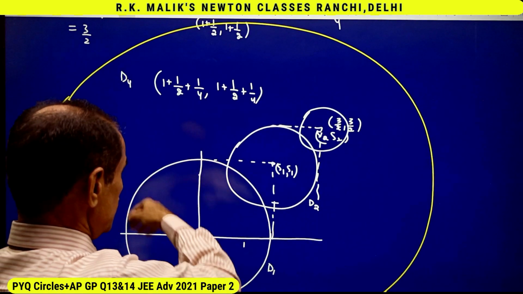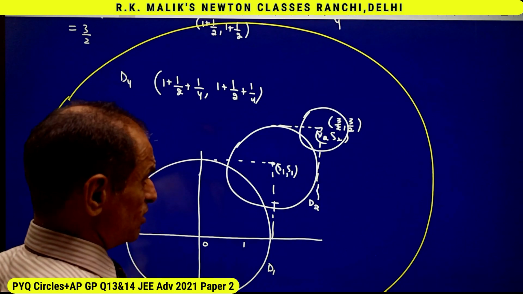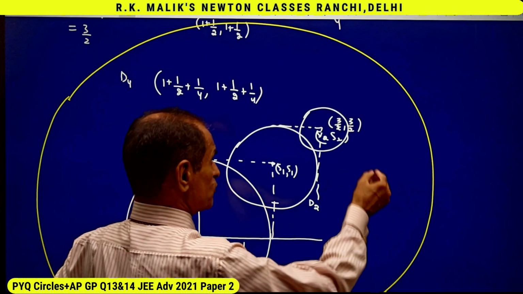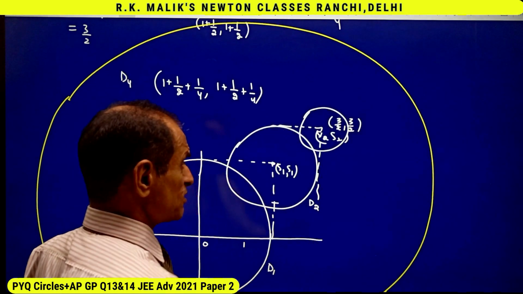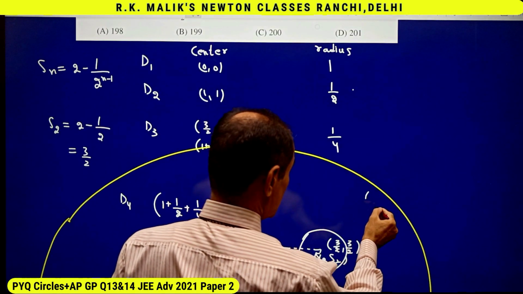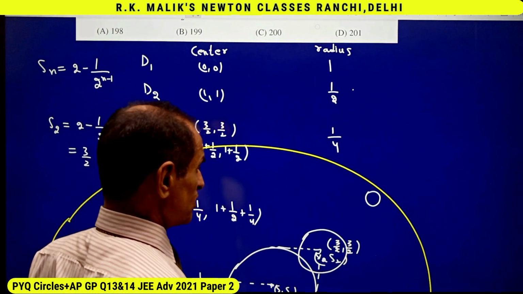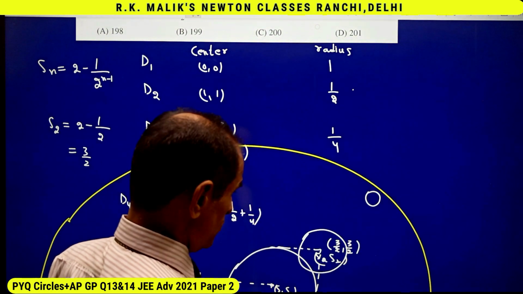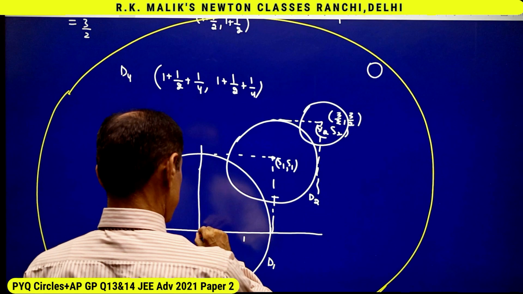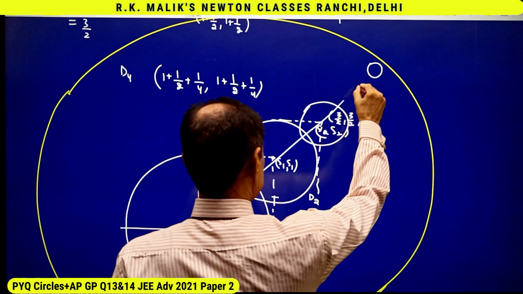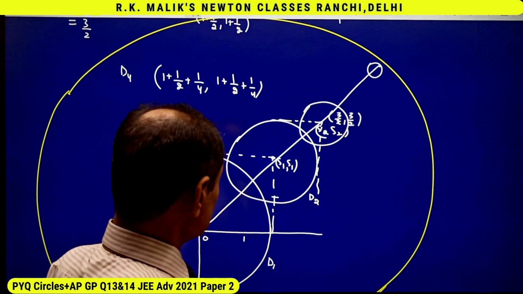suppose we can draw n circles inside this circle, then the extreme point of nth circle should lie inside the circle. If Dn is the last circle which can be drawn inside this circle, for this circle to lie completely inside, this point should lie inside the circle.